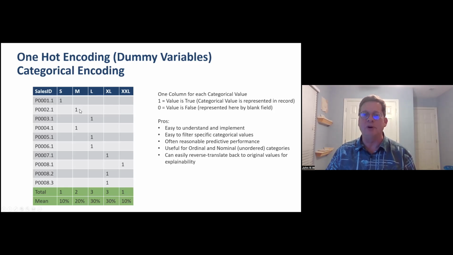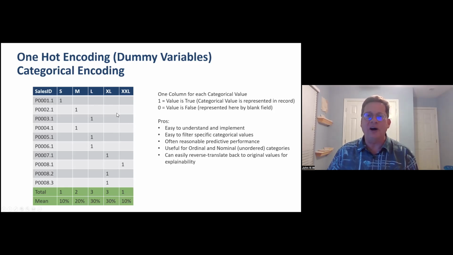In this case, they purchased a medium shirt and a large shirt. In this receipt, they had 3 line items where they purchased an extra large and 2 extra large shirts. So even though you could put they purchased 2 extra large shirts, with Hot Encoding, you would represent it just as a 1 or a 0.